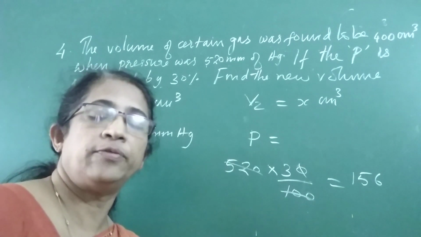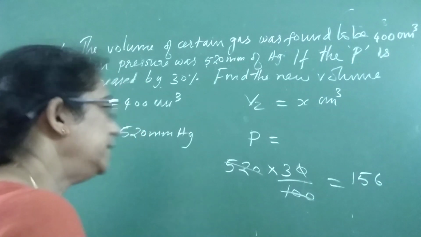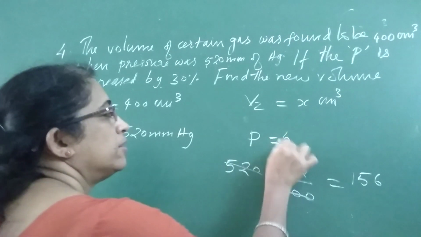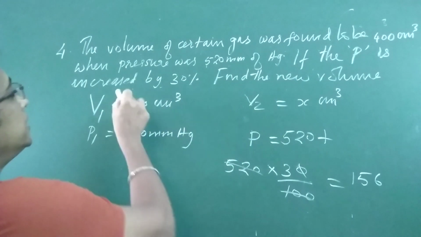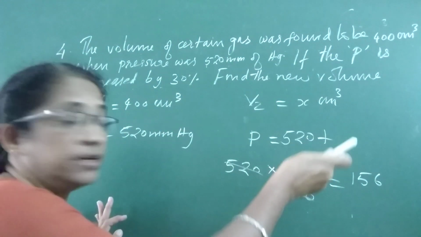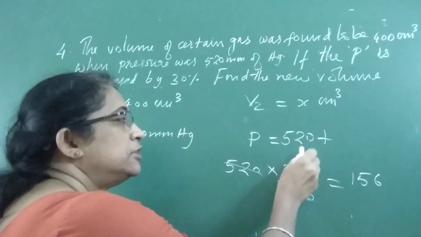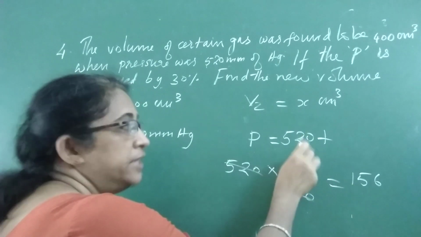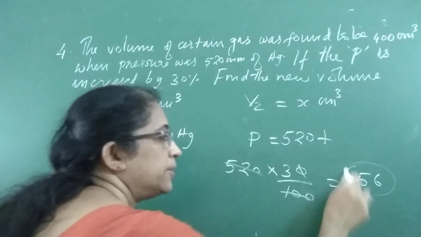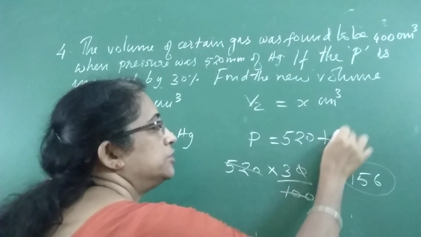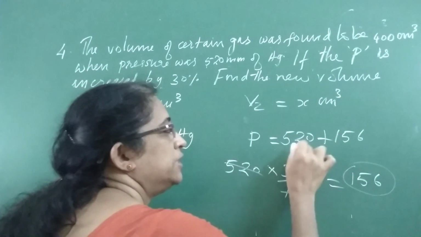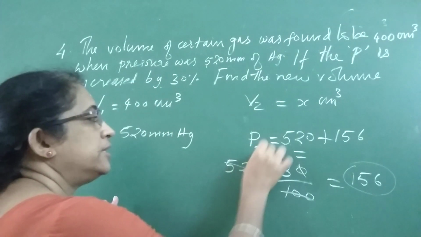Then what is the final pressure? The initial pressure is 520. Then 520 plus, since the pressure is increased by 30%, add the 30% of 520 to the initial pressure. So 30% of 520 is 156, so 520 plus 156 is the final pressure P2.